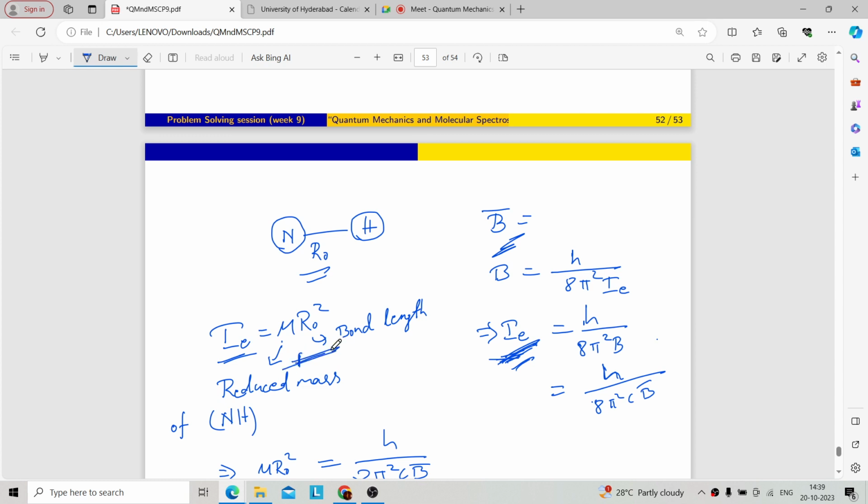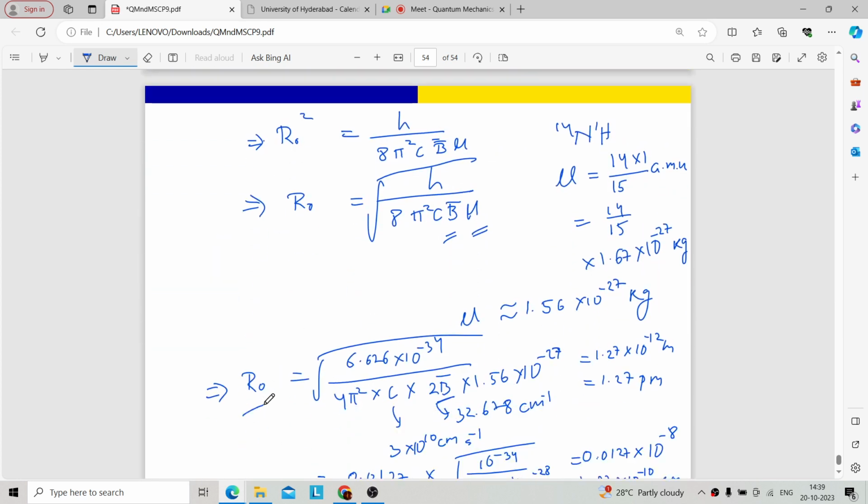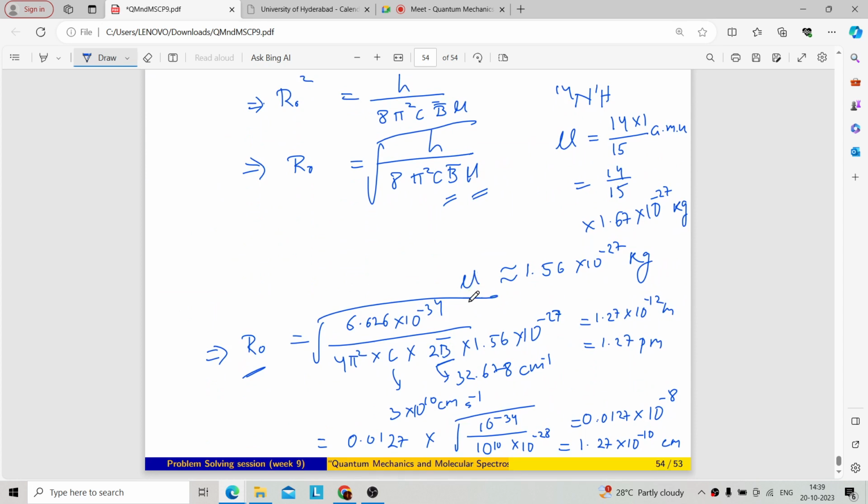Then after equating, we got the value of R naught in terms of these other parameters, and we calculated the reduced mass for this molecule NH in terms of kg. Then after substitution, we got the bond length to be 1.27 picometer. Okay, so this was the last question.